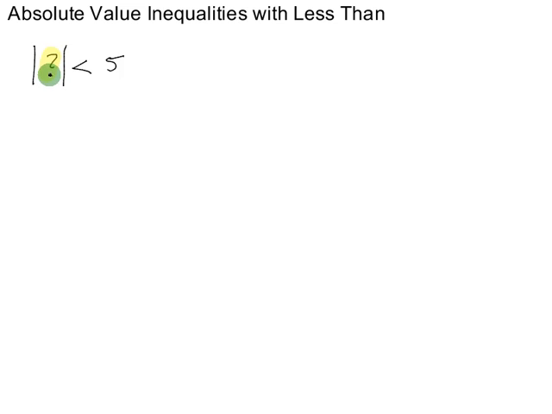What this means is question mark, the absolute value of it, is less than 5. So that means the distance that question mark is from 0 on the number line, right? Absolute value means distance from 0.